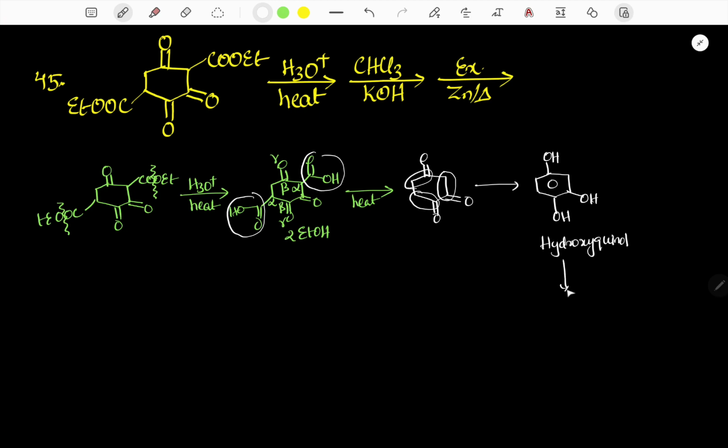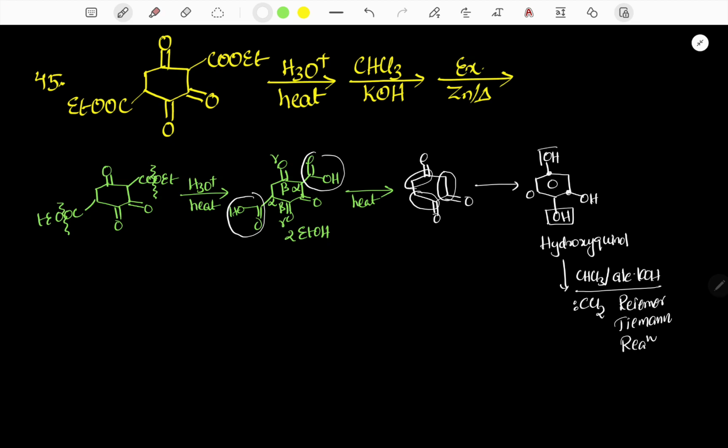Now to this product we are adding chloroform and alcoholic KOH. So phenol, chloroform, alcoholic KOH, from this it produces the electrophile CCl2, and this reaction is known as the Reimer-Tiemann reaction. So here with respect to this OH group, ortho, para.